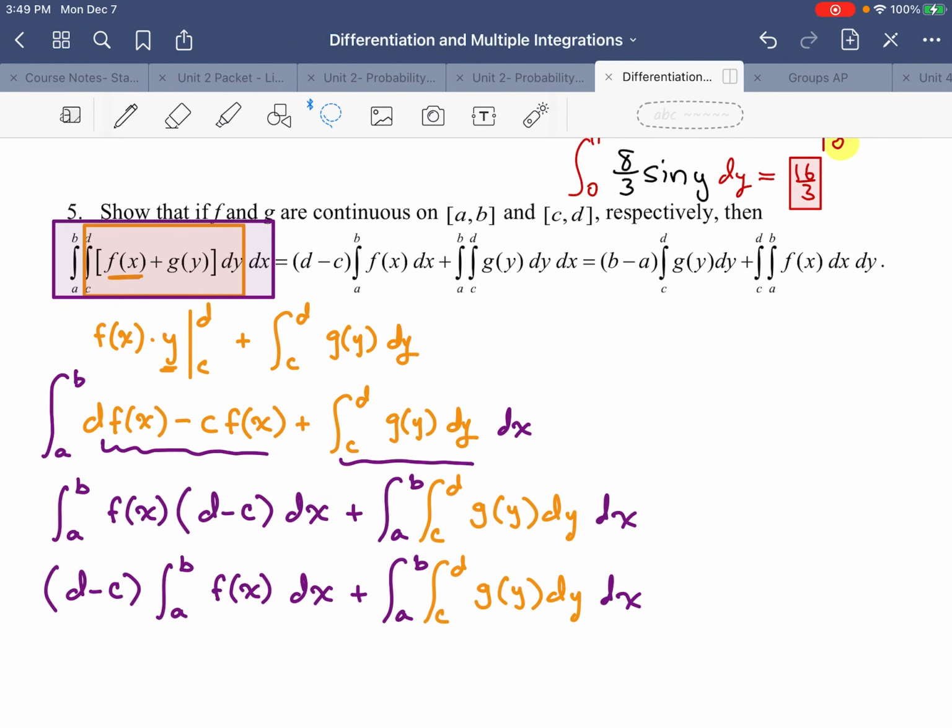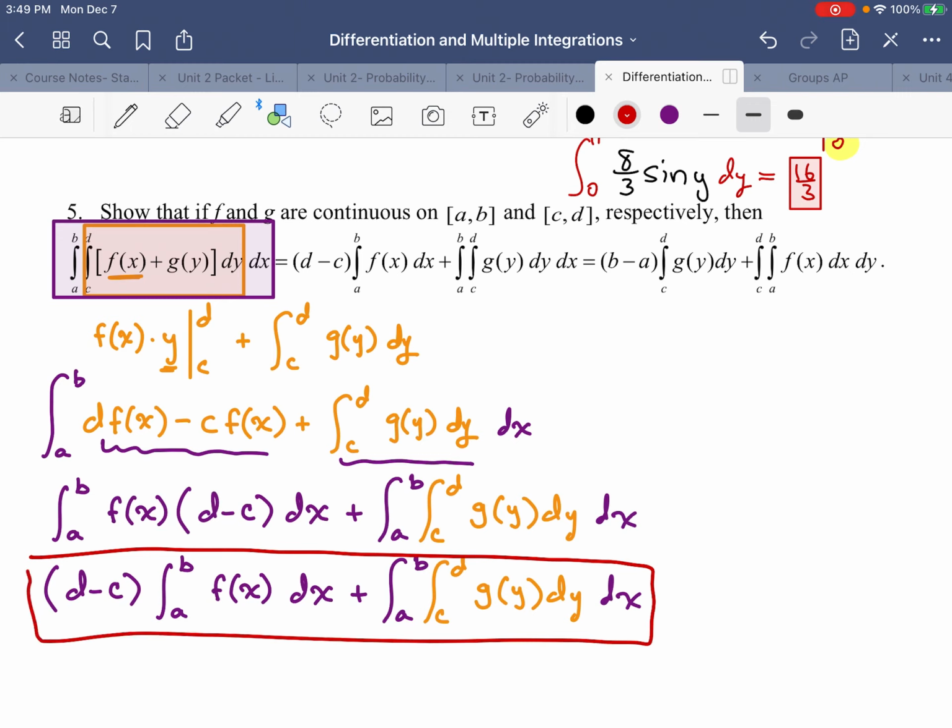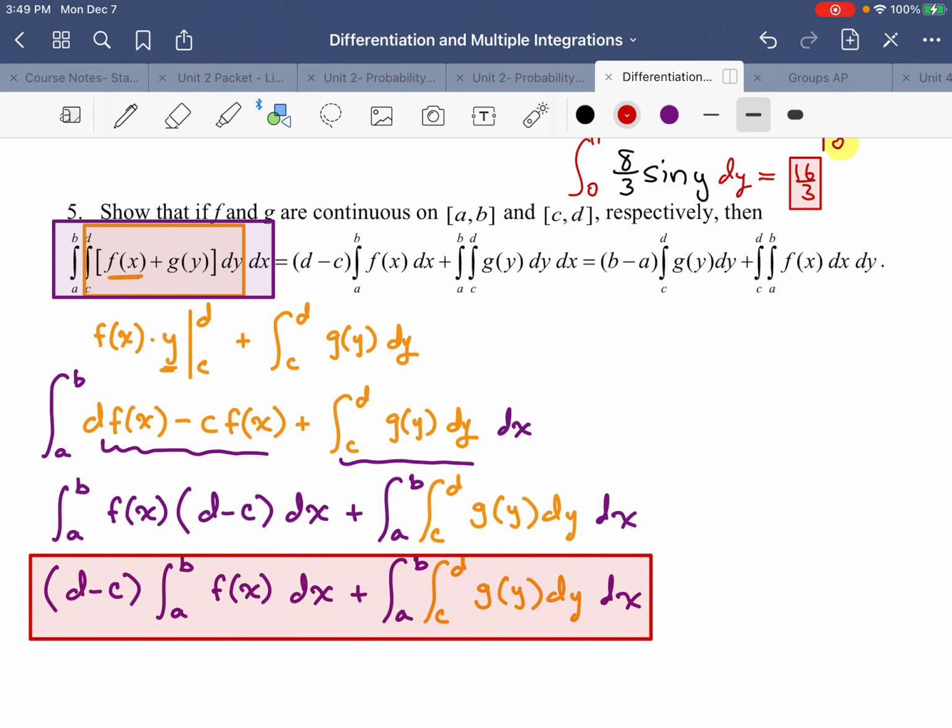It doesn't look like we got anywhere, but believe it or not, we actually accomplished the first objective. Let me highlight it in red: this whole expression was equivalent to the original expression, and that's what we have here.